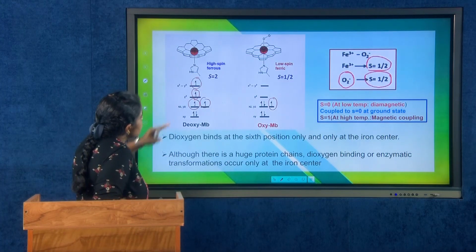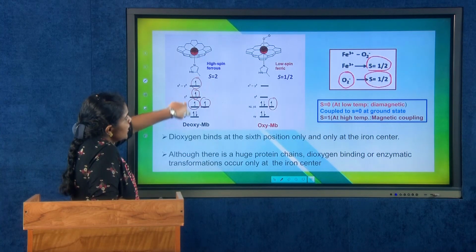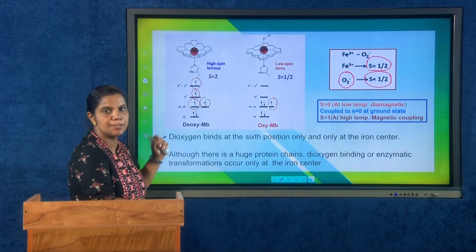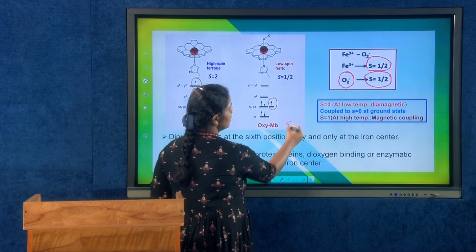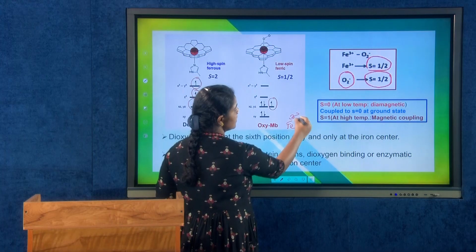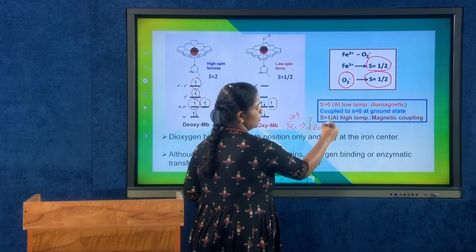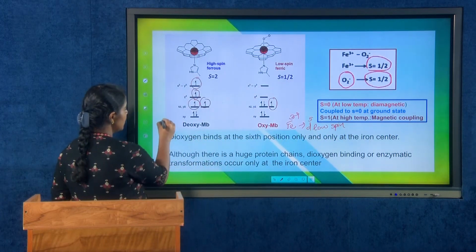You can see the spin state here. The iron contains unpaired electrons since it is in the high spin state. So what happens upon oxygenation? It gets converted into oxymyoglobin, and iron is converted into Fe3 plus, that is the D5 low spin. Here it is D6 high spin.